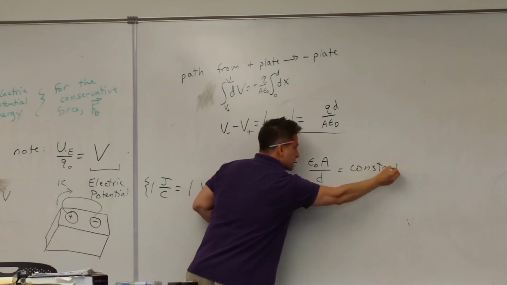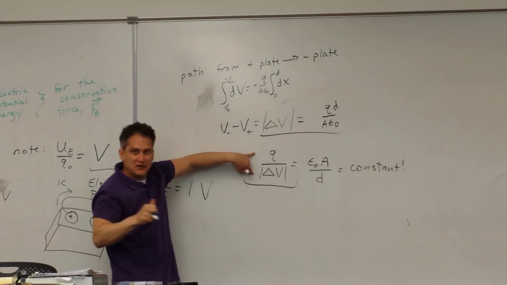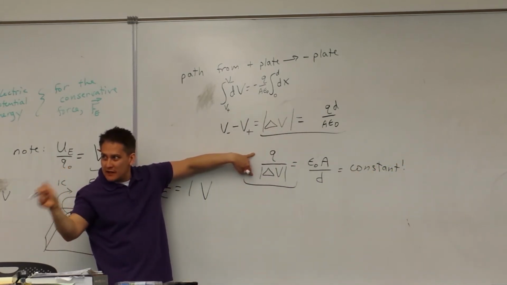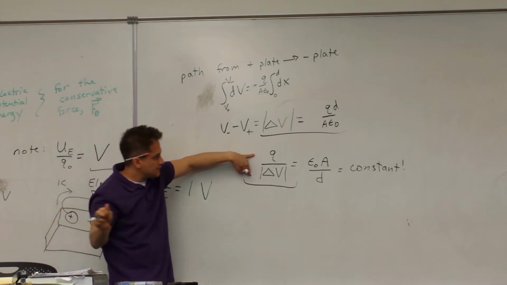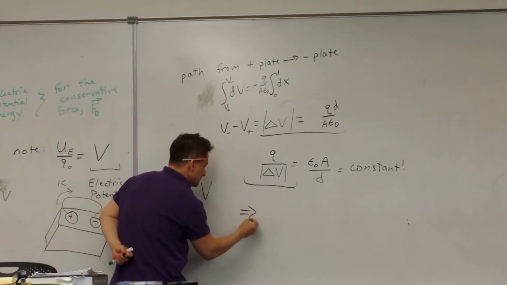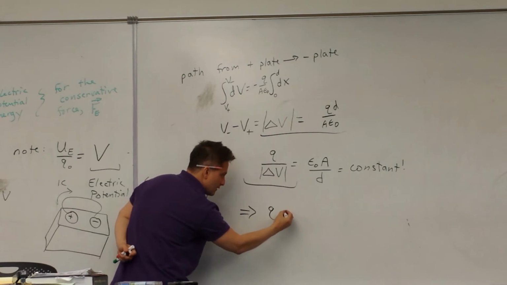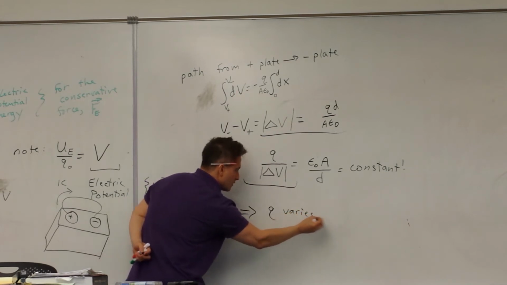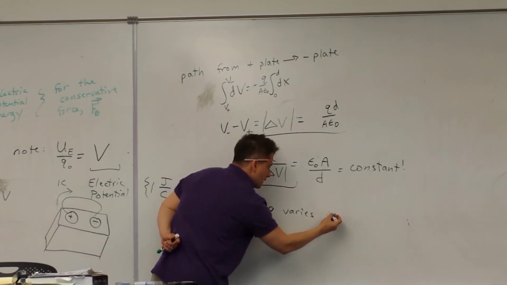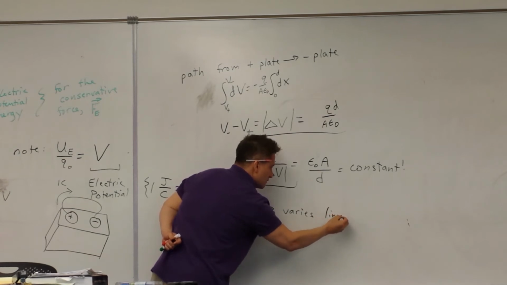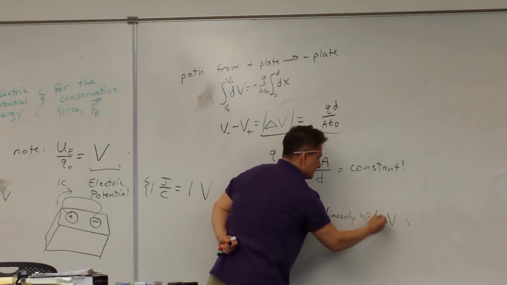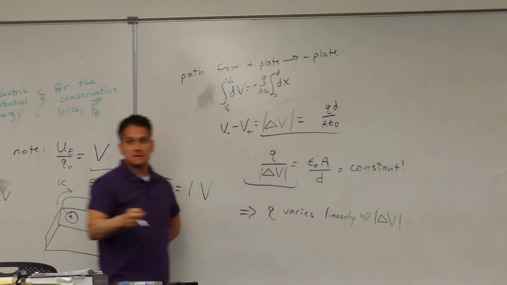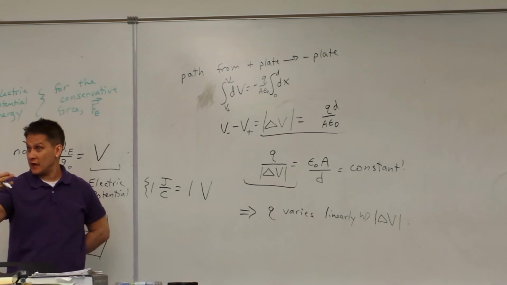And because it's constant, it requires that there is a formal linear relationship between Q and delta V. So Q will have to vary linearly with this delta V term, because the ratio has to be a constant value.